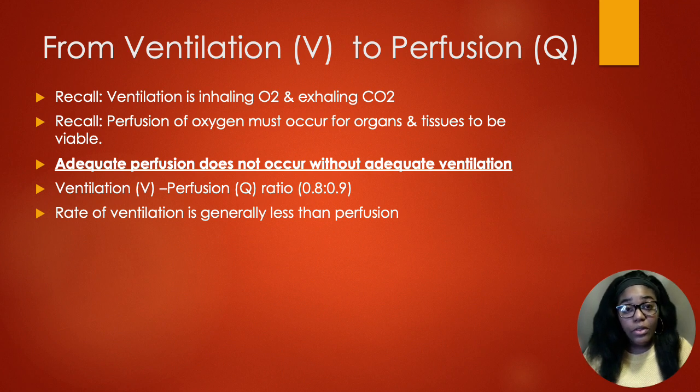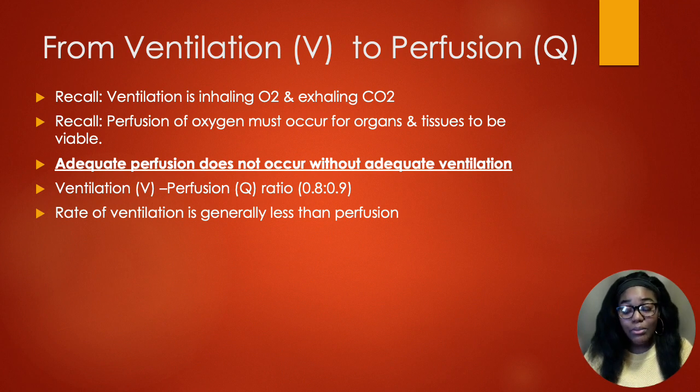So for the purposes of this course, I just want you to know that the ventilation perfusion ratio is 0.8 to 0.9 respectively for ventilation and perfusion. And generally, you'll see that the rate of ventilation is less than that of perfusion, which makes sense because nothing's perfect and it's never going to be necessarily equal.